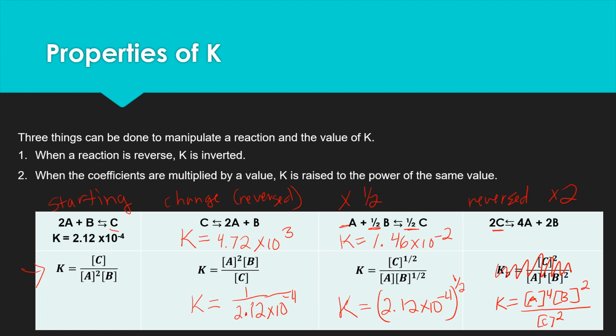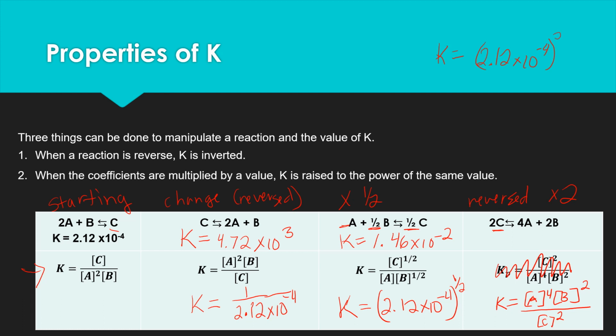So let's think about what we need to do to K. So I'm going to have to do that up here because I ran out of room. So our K value, original K value is 2.12 times 10 to the -4th. That value is going to now be raised to a higher power. So all of the coefficients have been multiplied by 2.